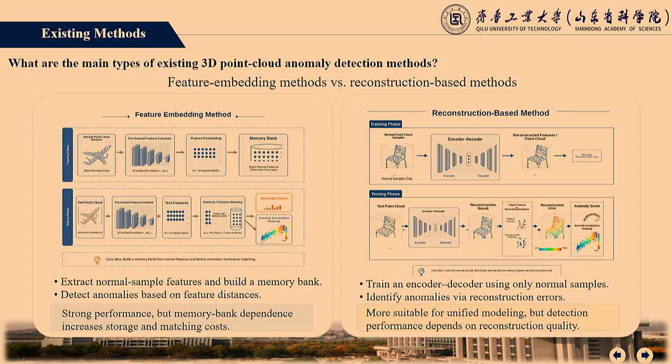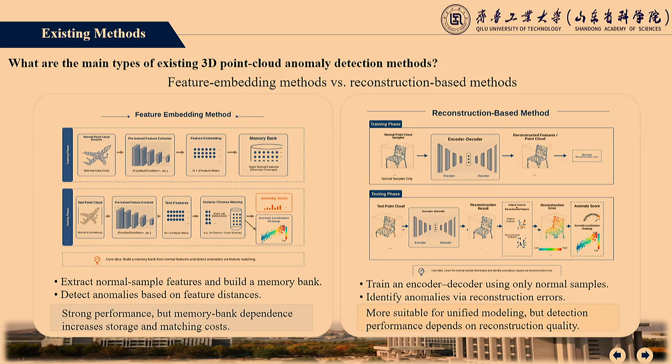Reconstruction-based methods usually train an encoder-decoder network using only normal samples, so that the model can learn the geometric distribution of normal data. During testing, if a certain region cannot be well reconstructed, it may indicate the presence of an anomaly.